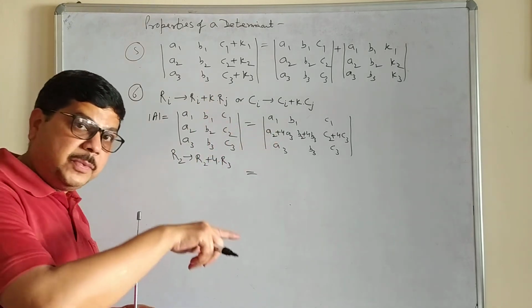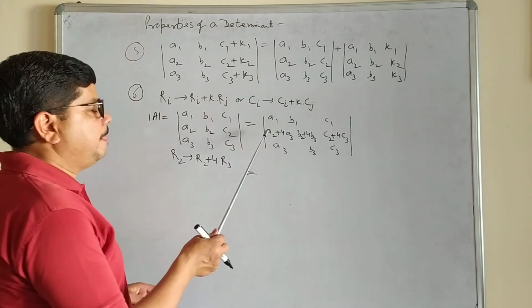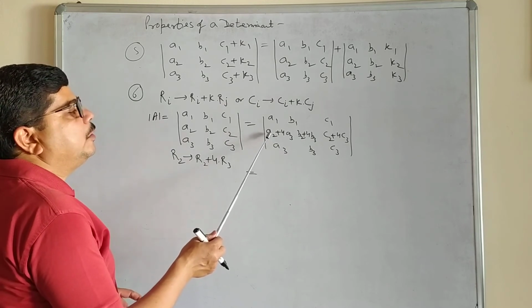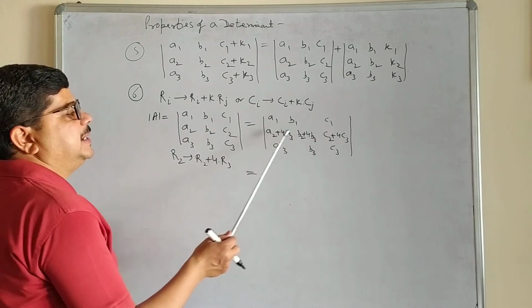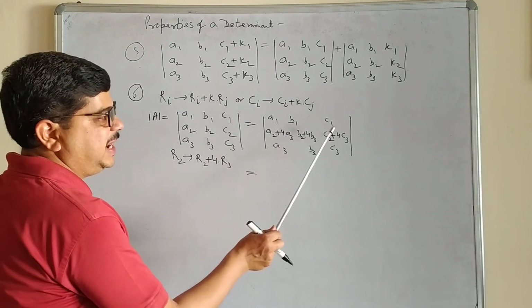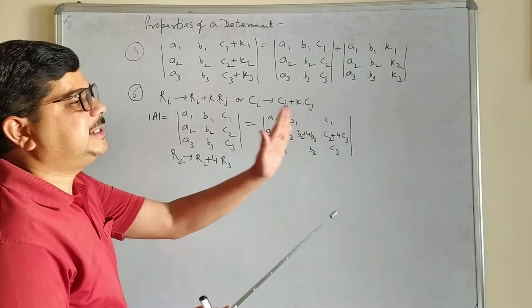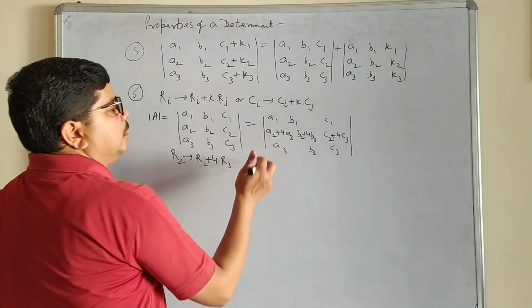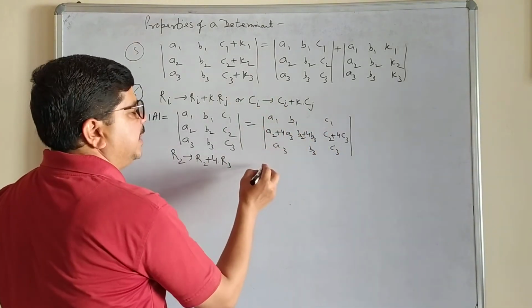Now coming to the property that every element of any row or column is expressed as the sum of two, then the determinant itself can be written as the sum of two determinants. तो हम इसको as a sum of two determinants लिख सकते हैं.